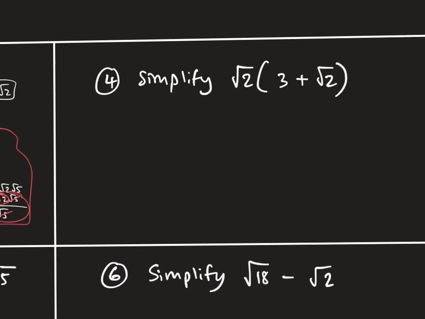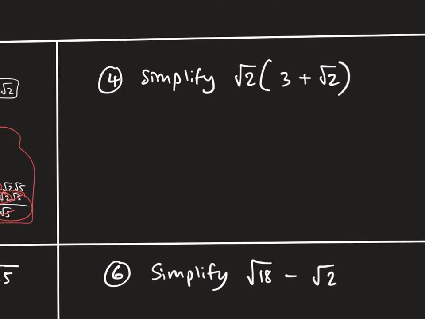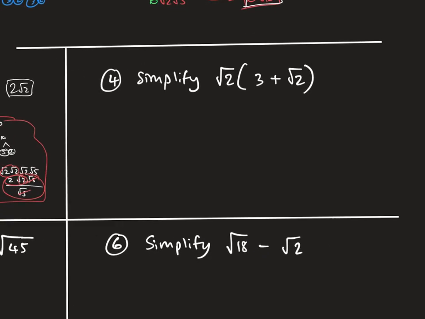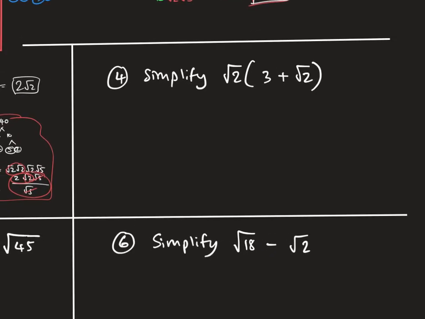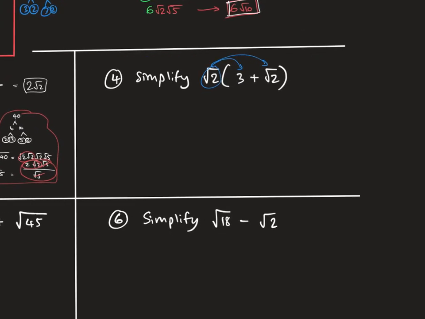Okay, let's have a look at question 4. Now, what I've been asked to do here is simplify this. Just like algebra, we can treat this just like algebra, where what's happening here is the root 2 in front of the brackets is being multiplied by the 3 and then also by the root 2 there. So what we end up with is root 2 times the 3 gives us 3 root 2.